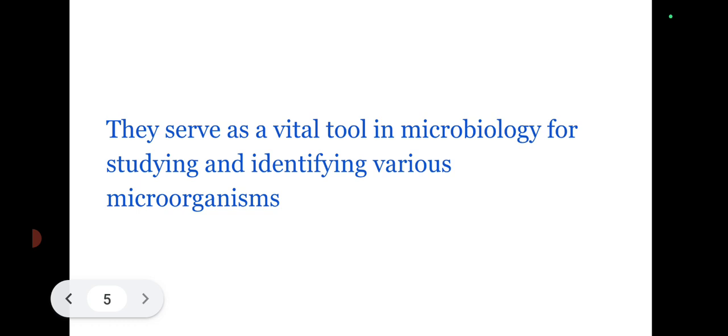There are certain selective media on which only a particular type or group of organisms can be grown. This type of media helps in growing only particular types of pathogens or organisms from natural samples.